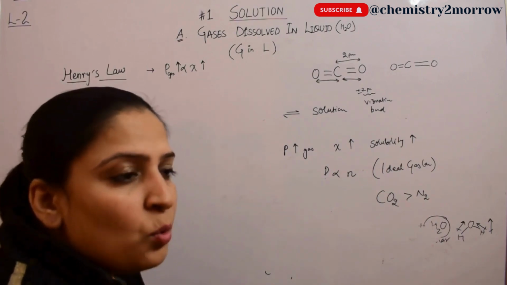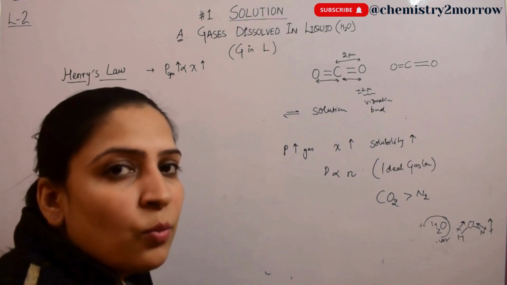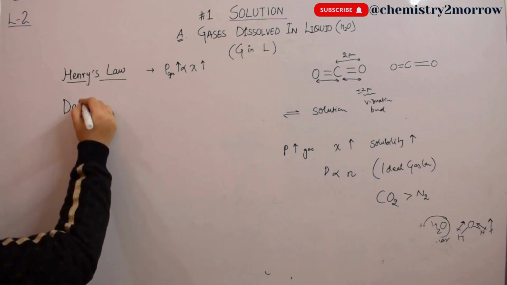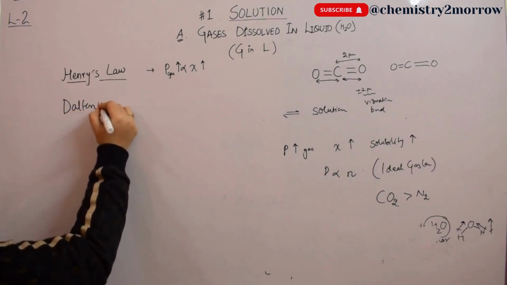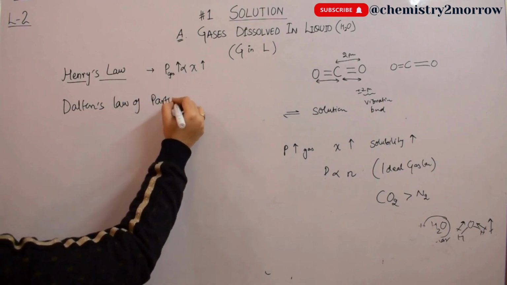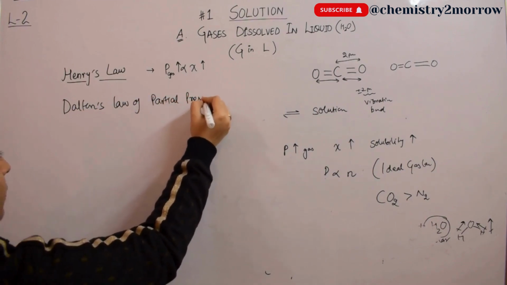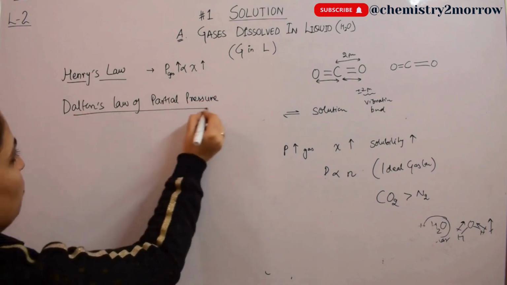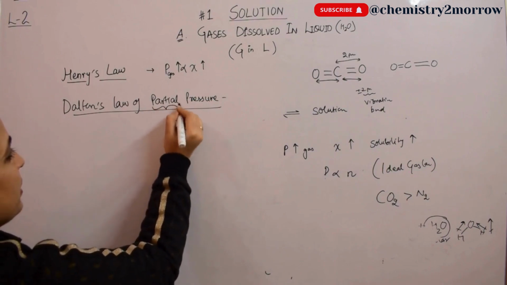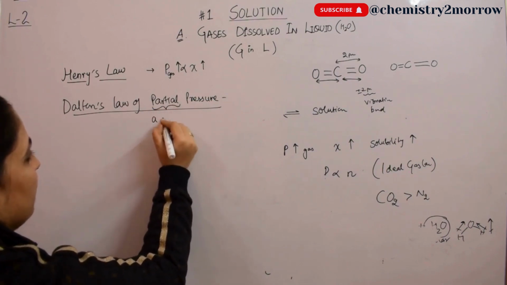So when you have two gases present in water, this law will come in handy. So that's why it is important to know this law. According to Dalton's law of partial pressure, partial means a part of.